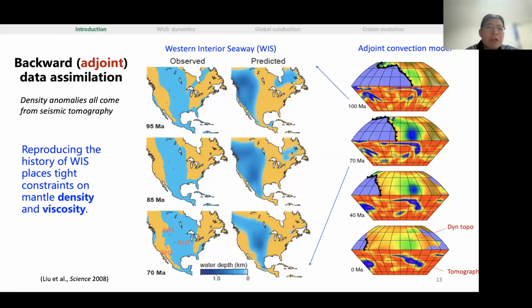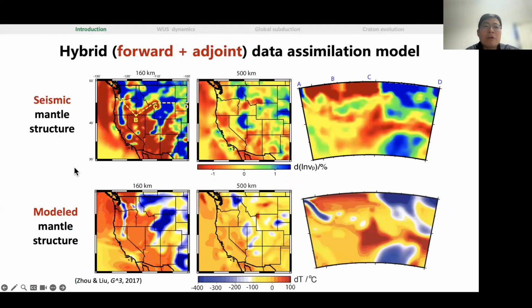This is the backward, and then I will give you also another example, the so-called hybrid. It's basically a mixture of the forward and the backward. This is based on the EarthScope USArray tomography, Schmandt and Lin 2014. The upper panel shows the tomography at different depths and also a cross section through the hotspot track into the craton interior. And the bottom one shows the model results correspondingly.